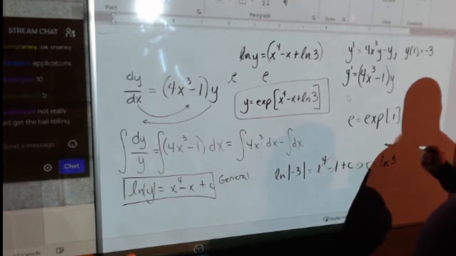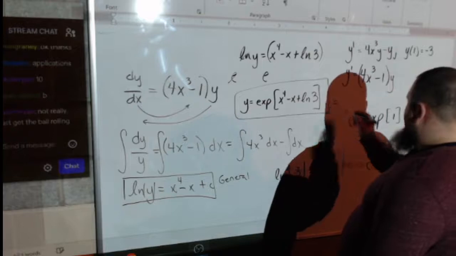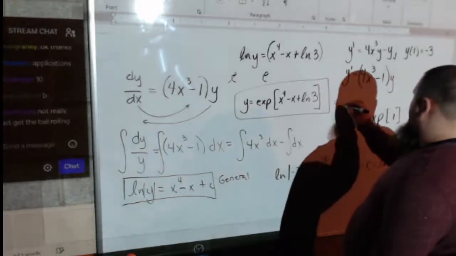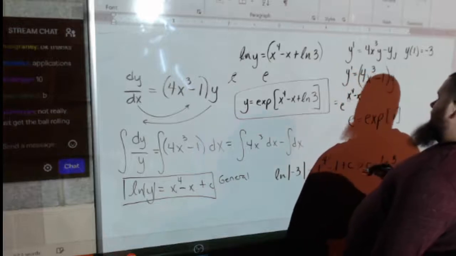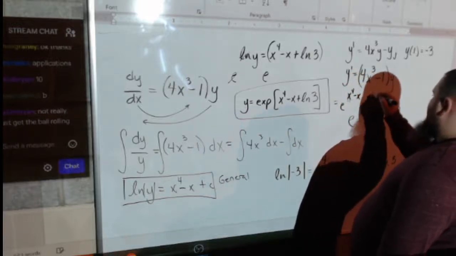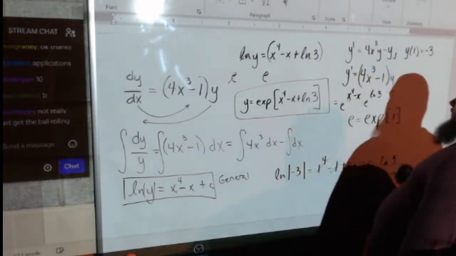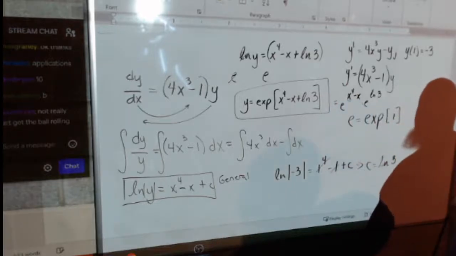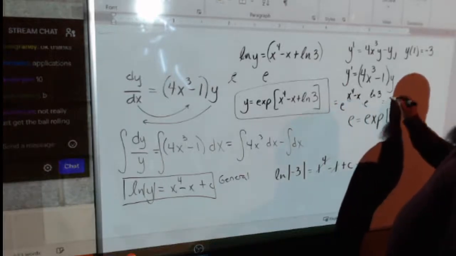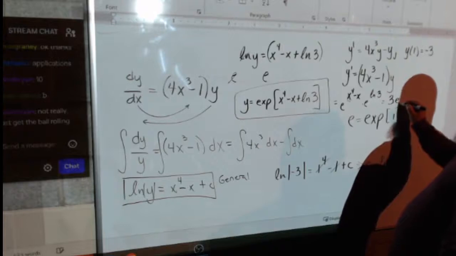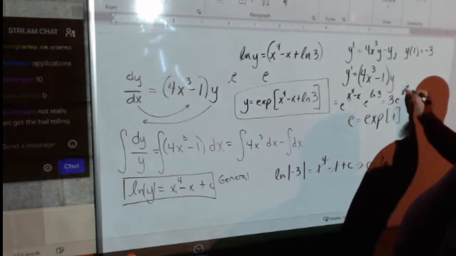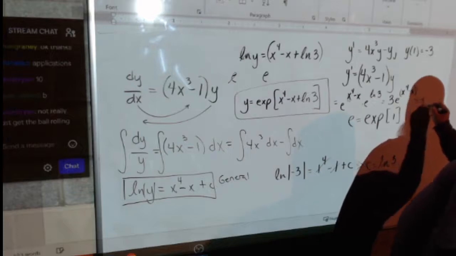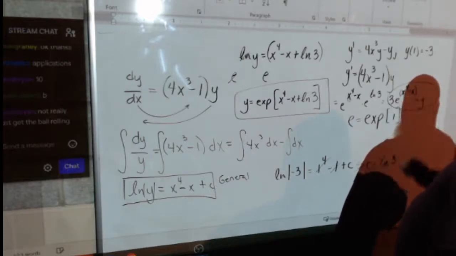I guess as a technicality, we could write e to the x to the fourth minus x times e to the log 3. And that would be 3 times e to this power. Be another way to write that.